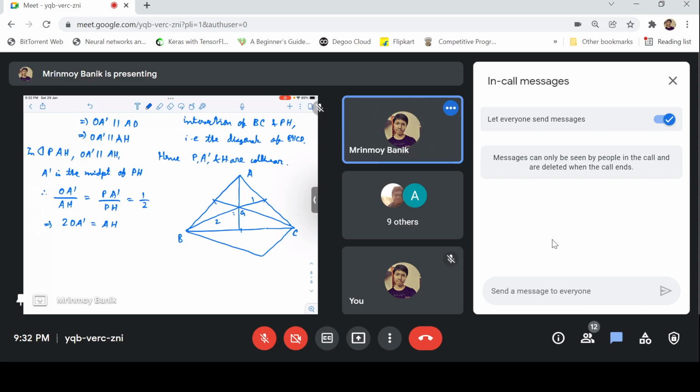Sorry, I made the wrong construction. What is the construction? Is it the parallelogram first, or the bisect?